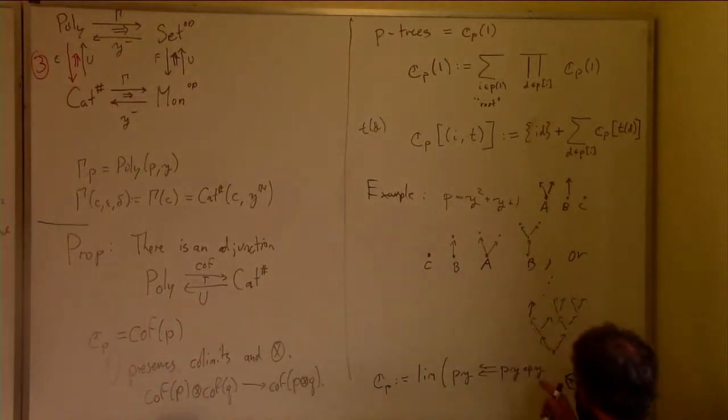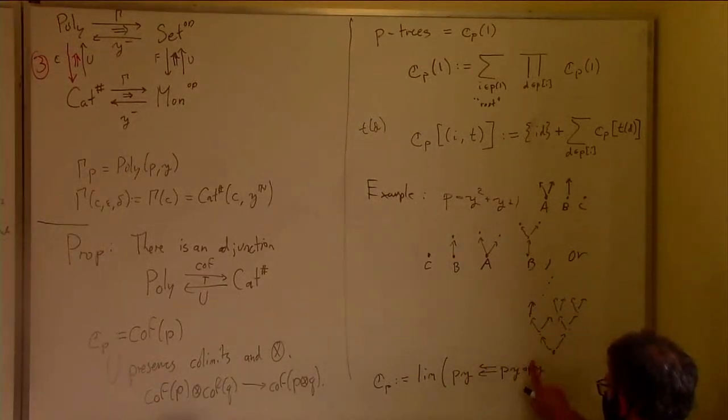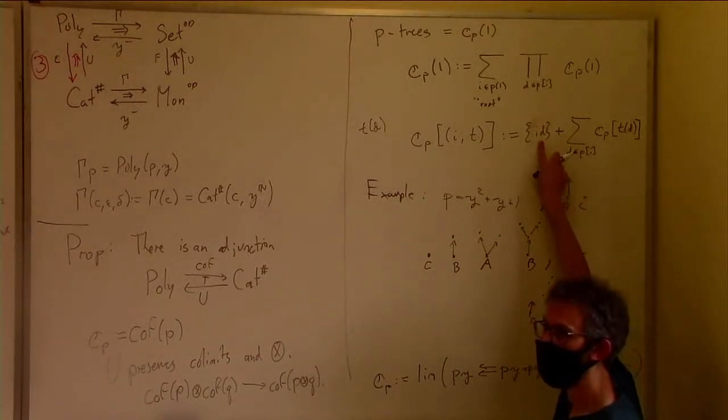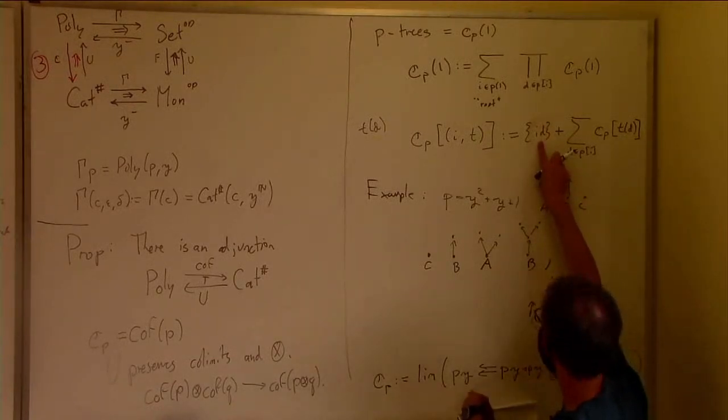One of them is by projecting on this side and getting p y composed y, and that's p y. And the other one is projecting on this side and getting y composed p y, and that's p y. So you can just keep going forever. And this is like length 1 trees, length 2 trees, length 3 trees, and you keep going. And this y here is that identity there.